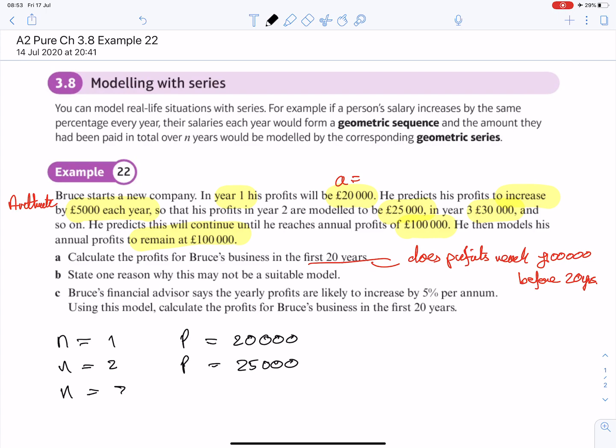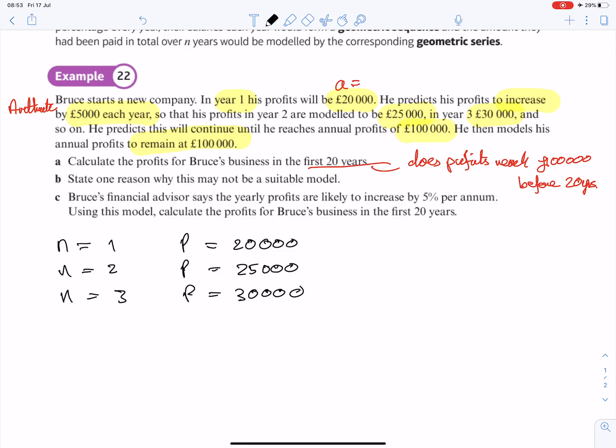When n equals 3, profit equals £30,000. So we can see we've got an arithmetic sequence. Therefore, we're going to have A equal to 20,000 and D equal to 5,000.